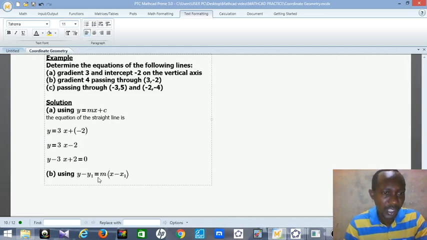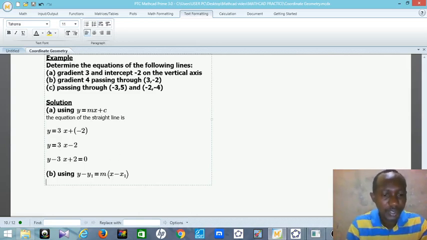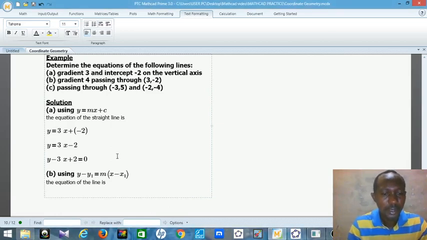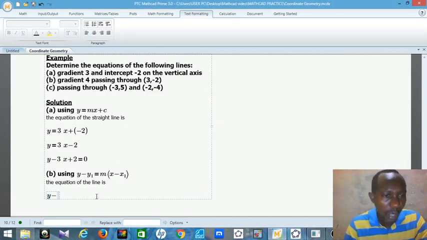So you just substitute there, then leave it in this form, either this form or that form, whichever the question wants you to do. So the equation of the line is, how do you get this? y minus y1, which is the second coordinate, minus 2.